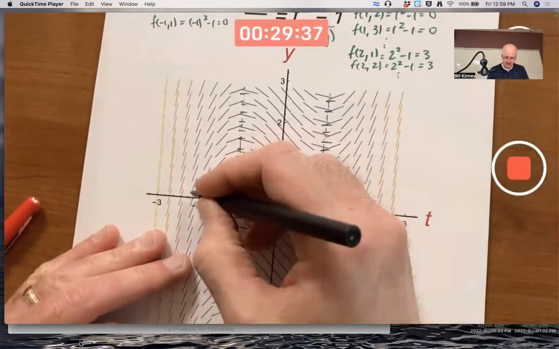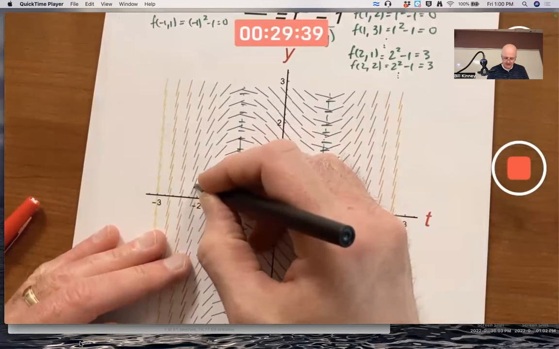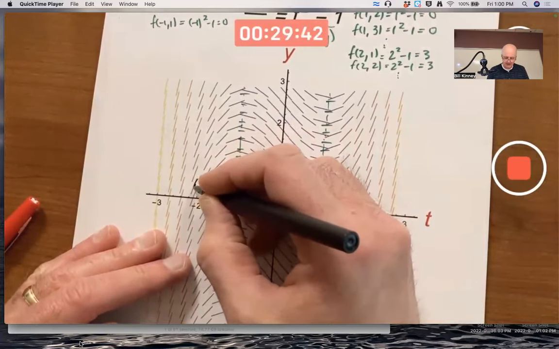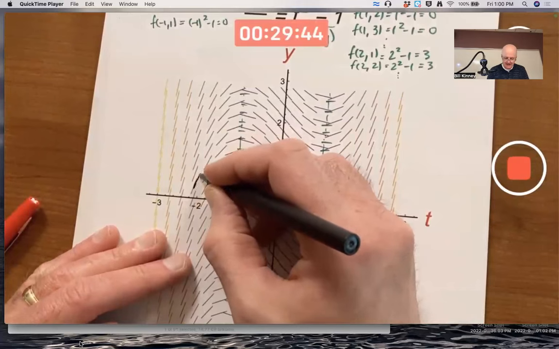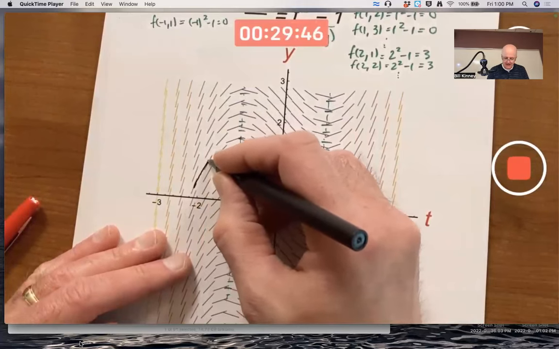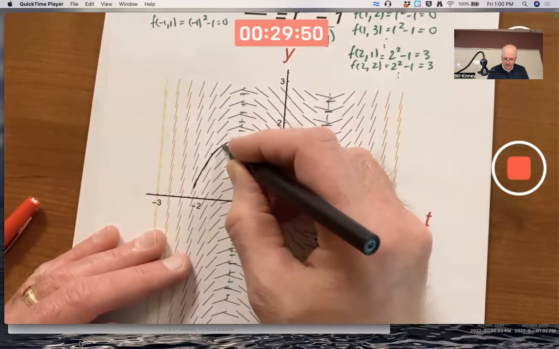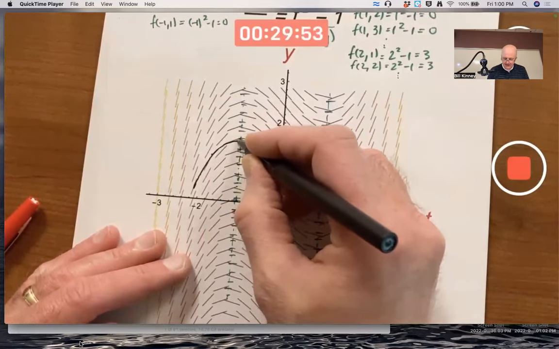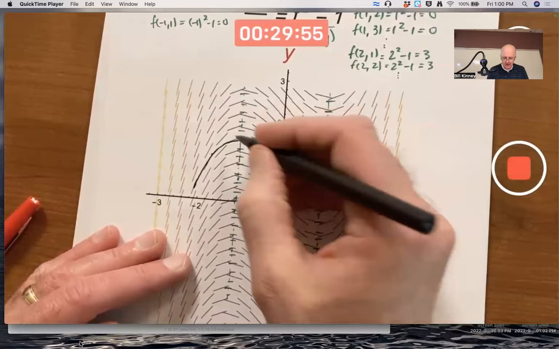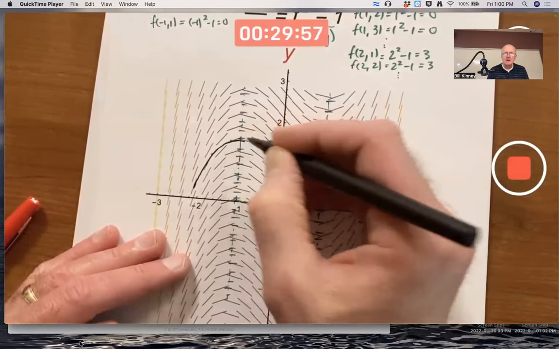For example, one solution, say if I start right about here, it's got to be tangent to that line segment right there. It's got to be going up about like that, maybe going through the midpoint of that line segment. And it's got to be concave down because these slopes are getting smaller. It's got to cross t equals -1 with a horizontal tangent.